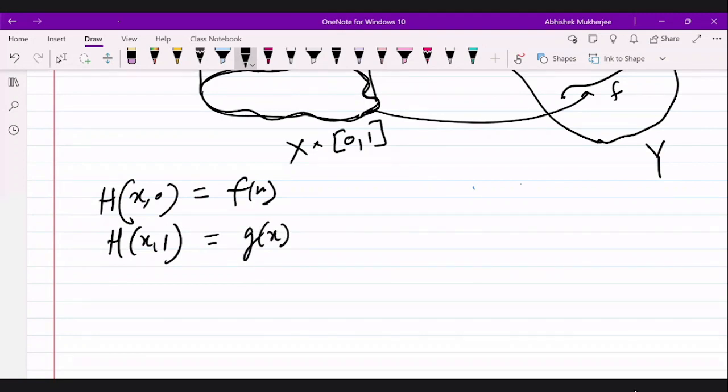That means at the 0th level it will be mapped to F, and at the 1st level it will be mapped to G. Okay.